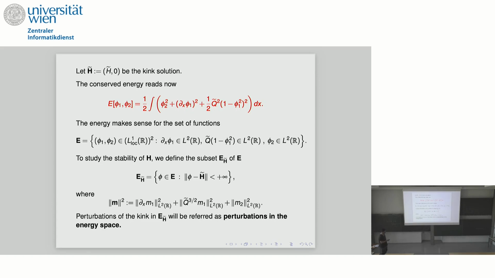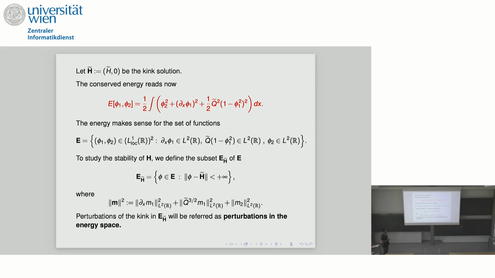Okay, 6 minutes. So if you consider the general kink, you have an energy for your problem. And you have a natural energy space where you can place your perturbations: this term in L2, this term in L2, and this one in L2, right? And then you can define a particular subset of the energy space given by a perturbation of the kink solution.